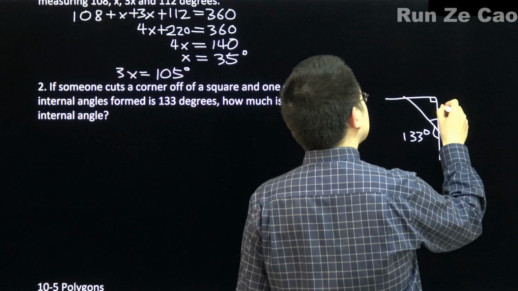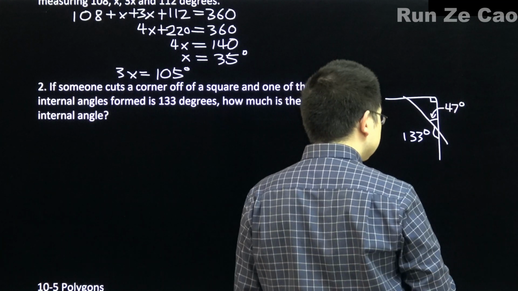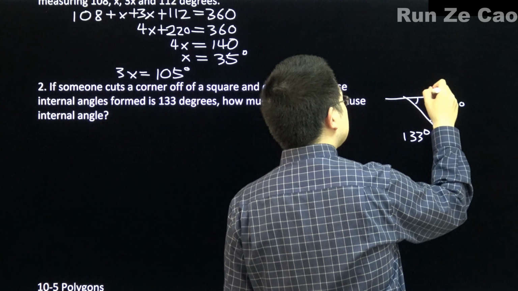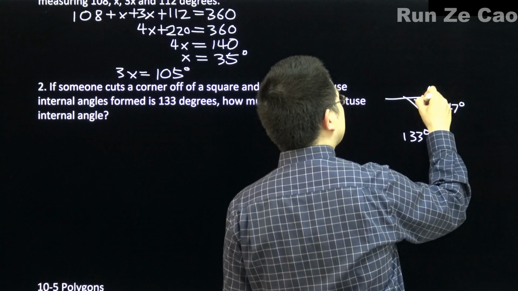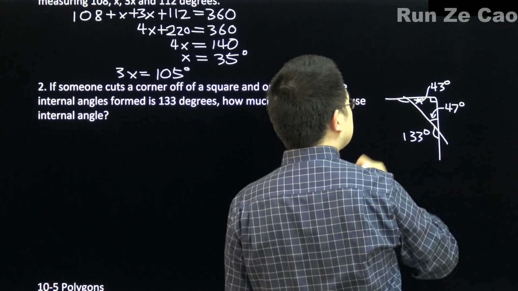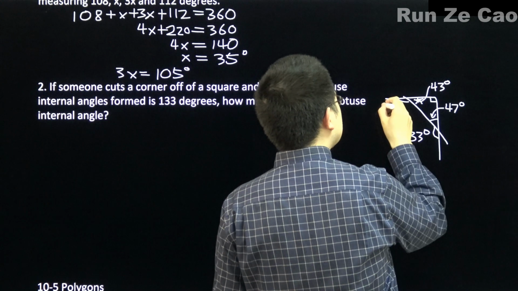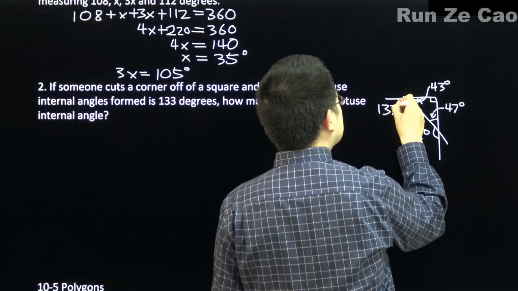And that's going to give you 47 degrees. And that will give you this angle, which is 43 degrees. And then you can find that this angle is going to therefore be 137 degrees.